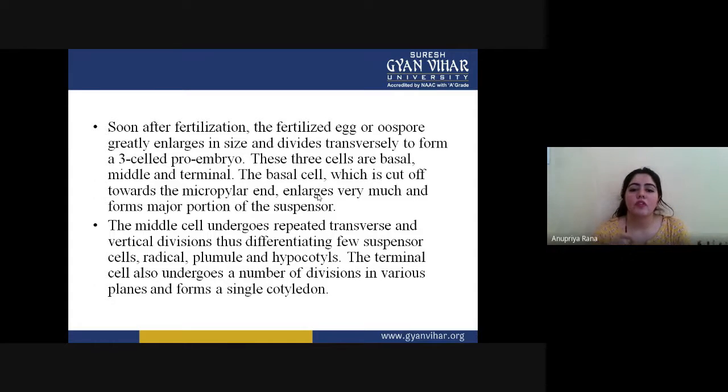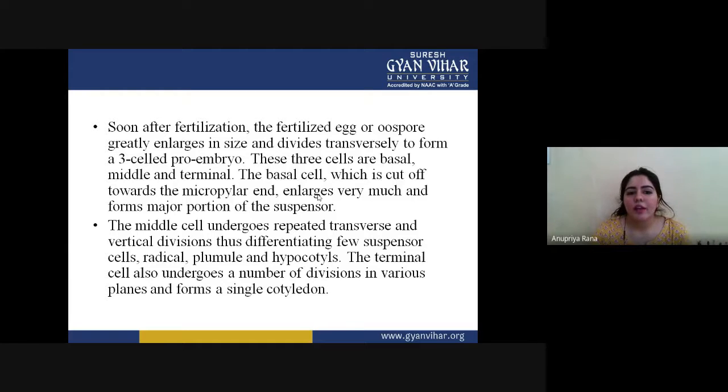The first division is the transverse division, and this forms the three-cell proembryo. These three cells are the basal cell, middle cell, and terminal cell.